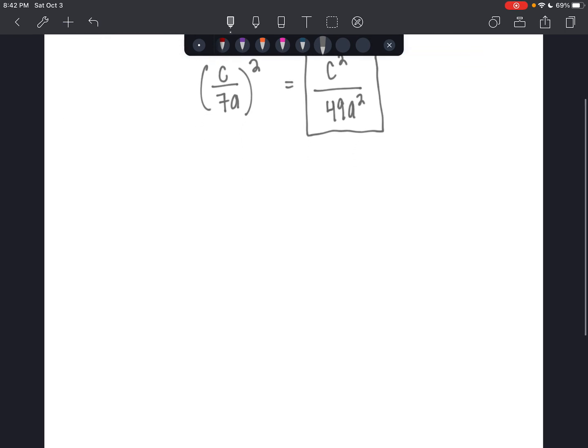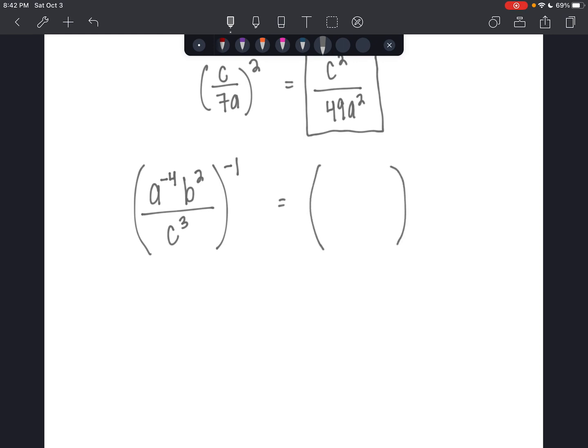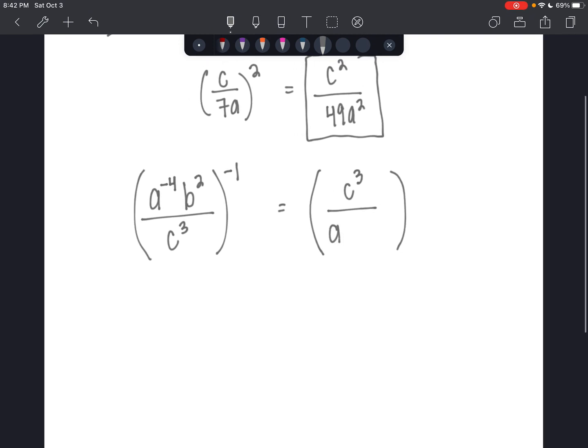Now, what happens if I have a to the negative 4 b squared over c to the 3rd power, all raised to the negative 1 power? Well, that's going to be c cubed in the numerator, a to the negative 4 b squared. We simply take the reciprocal of the fraction.